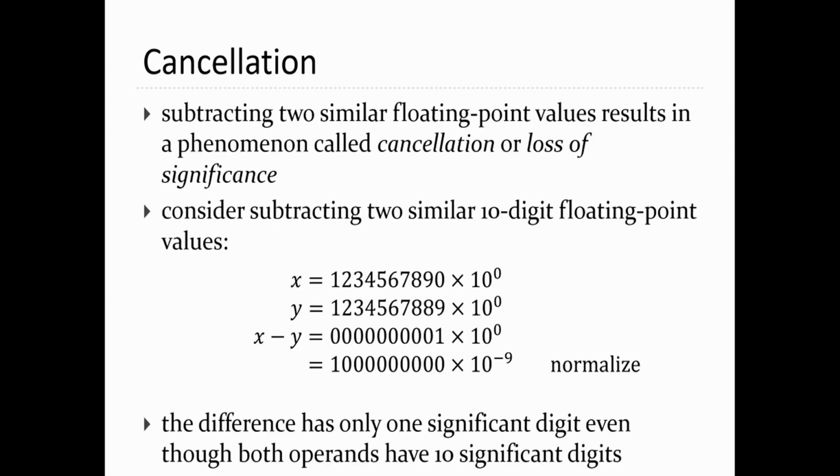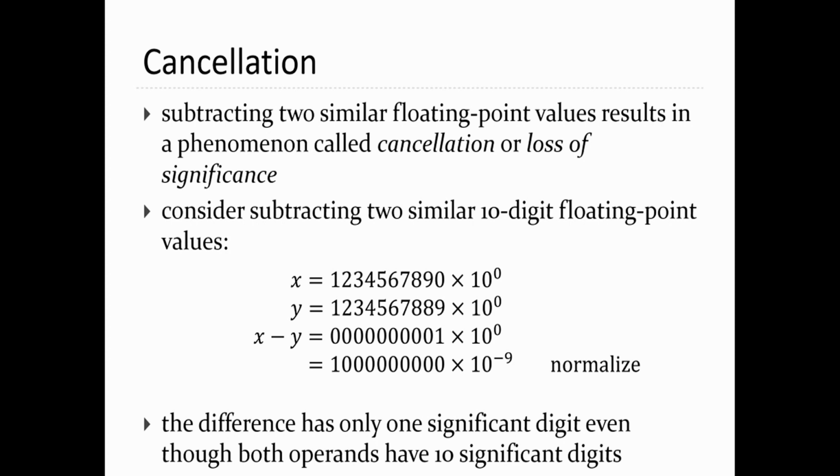So what does this mean? When you look at these two numbers, the digits in the front of the number contribute more to the magnitude of that number than this digit does. This digit over here only contributes 1 through 9 parts in 10 digits, whereas if I change this digit, that changes the magnitude of the number a lot.